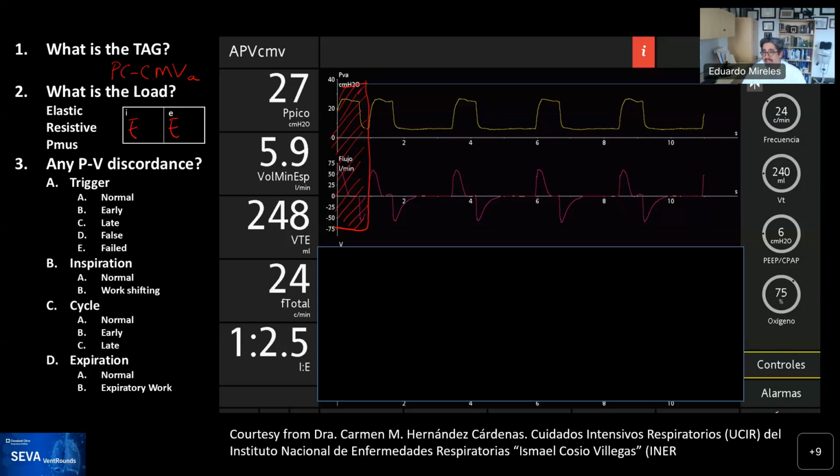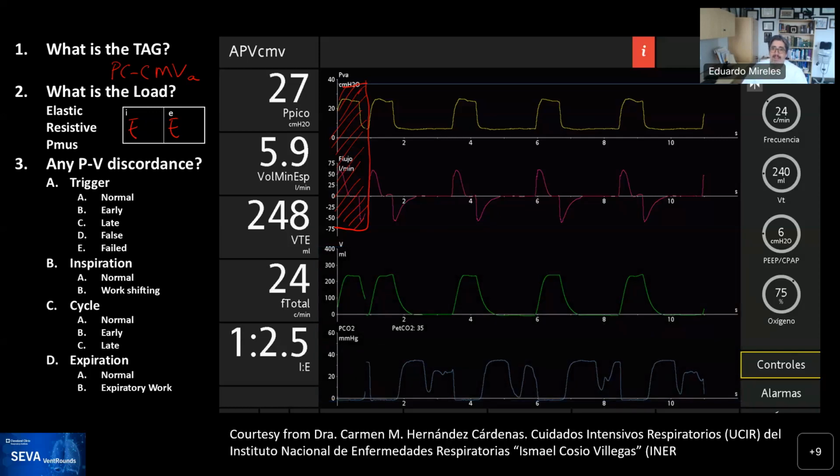But here it goes. I'm going to show you the next image, and you be the judge and tell me what you think. Now that I have shown this, what you have is the volume waveform on the bottom, and then the volumetric CO2 that can be measured with this ventilator. So what's the diagnosis now?